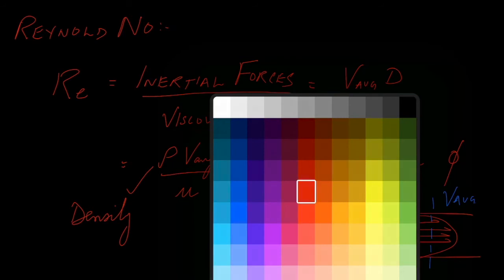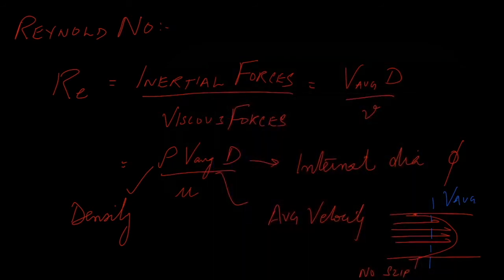So the formula here is rho V d over mu, where mu is dynamic viscosity and nu is the kinematic one.